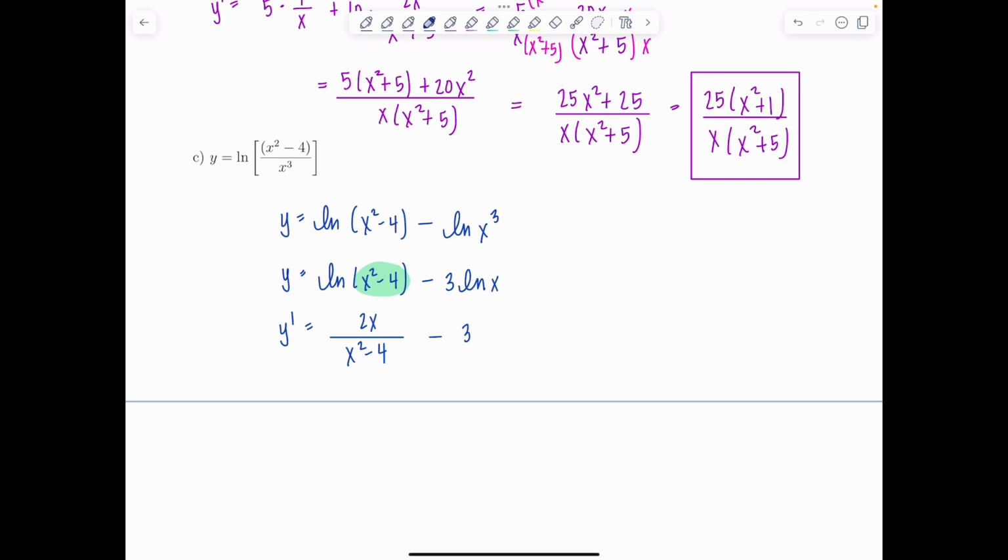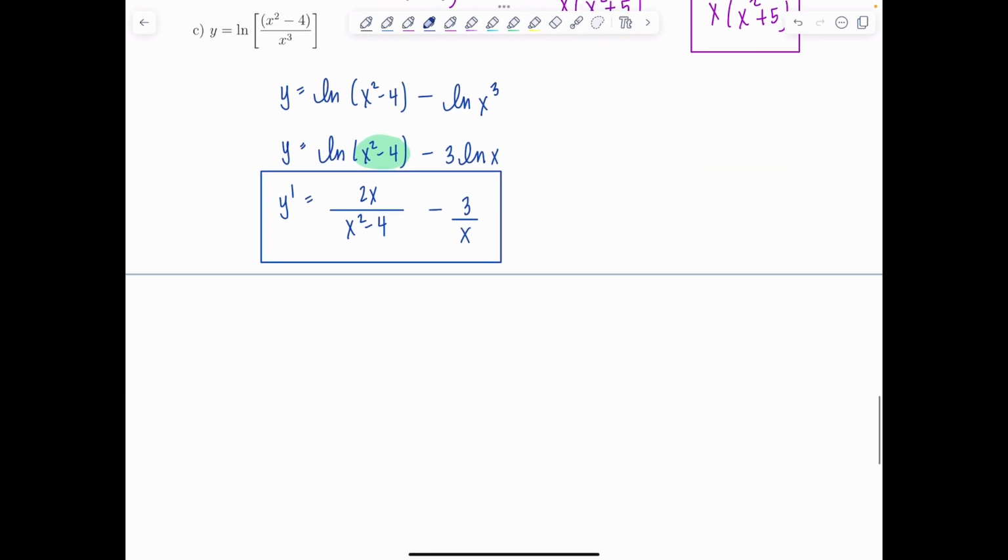The derivative of ln of x is 1 over x. Let me just put 3 over x. I think you guys got it at this point, right? Okay, so this is one option. Some instructors might let you stop there. But let's keep going, get a common denominator.